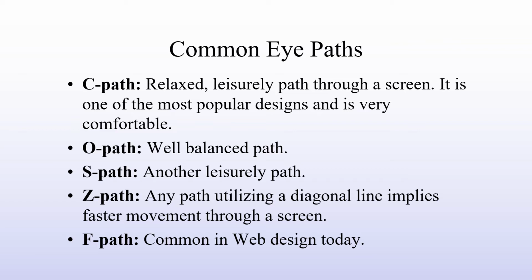It implies more movement, a little faster. Those jagged edges create just a little bit more interest. Another path that's very common today, especially on the web, is the F path. So let's take a look at these and see how it's done. First of all, how we can recognize it, how you can create it, and why it's done.